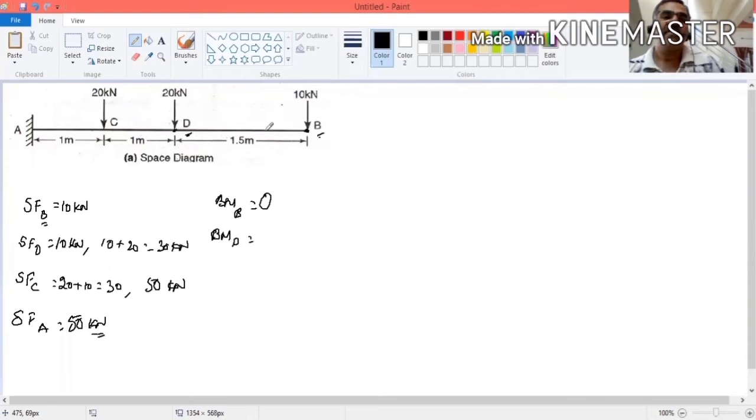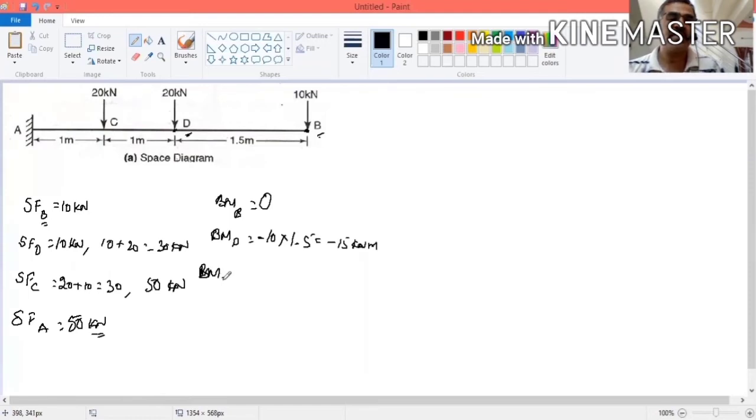Generally, when the right side of the beam is concerned, we consider clockwise moment as negative. So this will create a clockwise moment, so it is minus 10 into 1.5, that is minus 15 kilonewton meter. Load is kilonewton, distance is meter. Kilonewton meter.